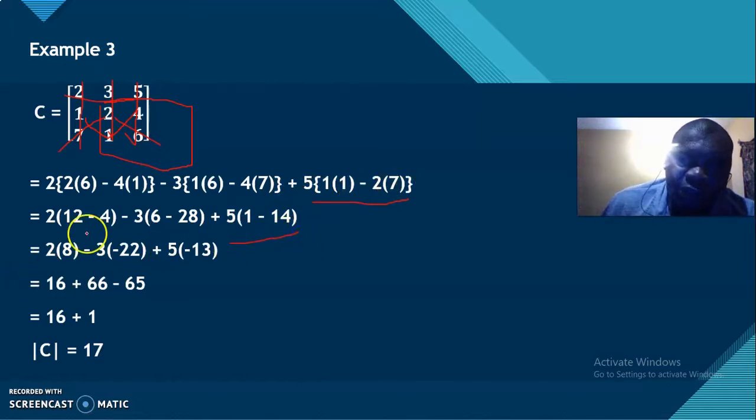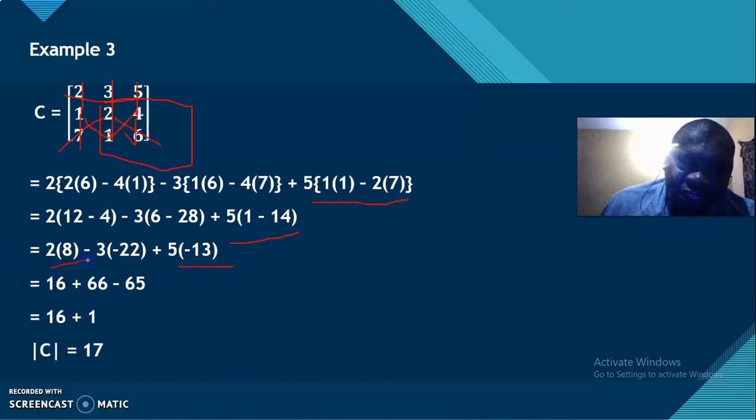So now to solve it, 12 minus 4 is equal to 8. So 2 open bracket, 8, minus 3 open bracket, 6 minus 28 is minus 22, plus 5, 1 minus 14 is equal to minus 13.